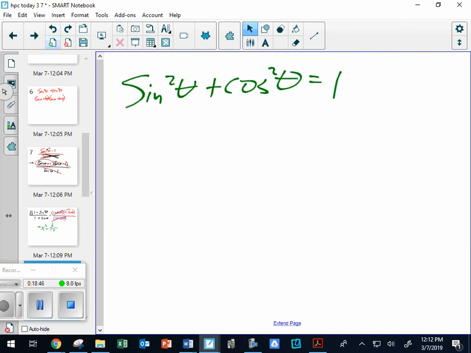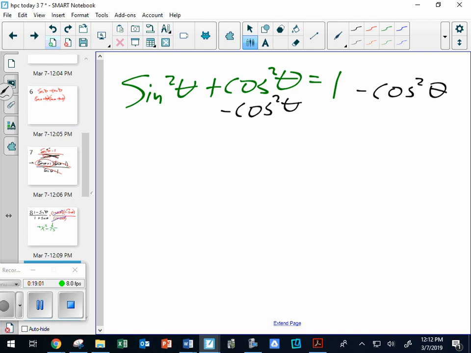These are facts, so I can do anything I want to both sides. They're truths. So unlike the proofs, where I can't add 2 to both sides, here I could subtract cosine squared from both sides. And do you get, all of a sudden I've got something with a minus, and 1 is a perfect square, and so is cosine, and then it can be factored.